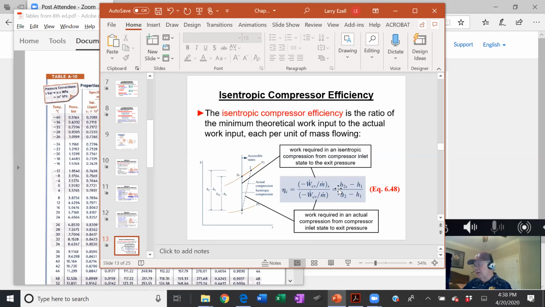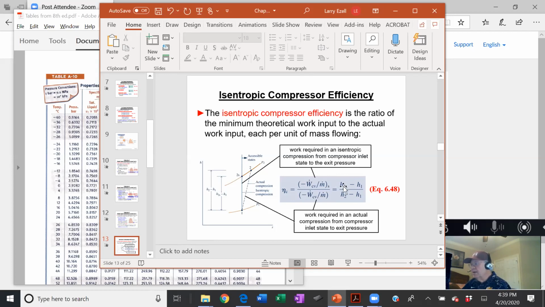It doesn't matter as long as you flip the 2 and 1 in the numerator and the denominator. Now he wants these to be both positive, as the arrow goes into the compressor, so he's got H2S minus H1 over H2 minus H1.